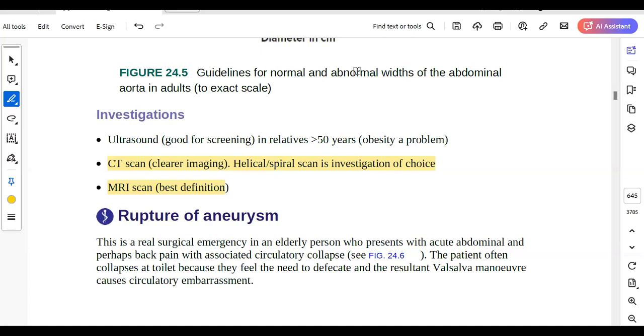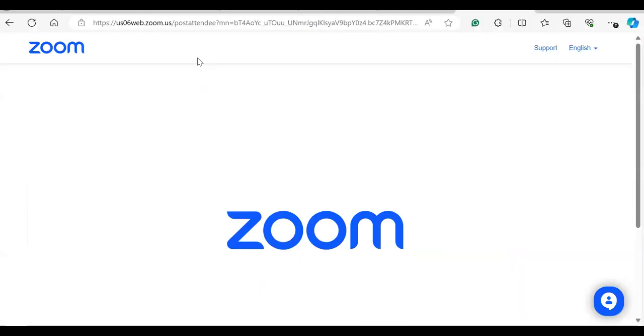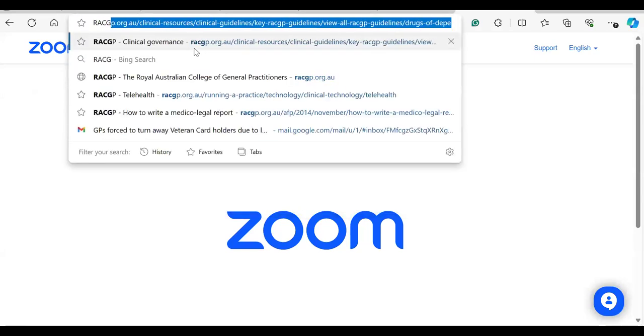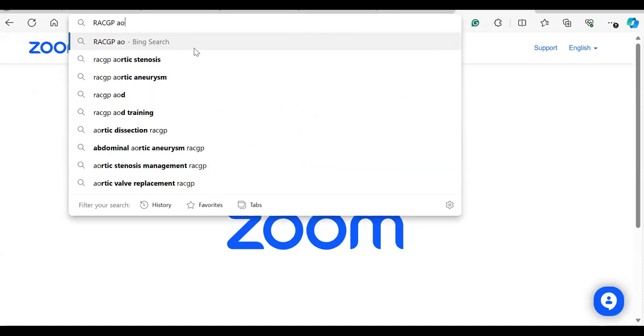Now, there is a guideline in RCGP about this aortic aneurysm. So I want you guys to go through that as well. There is a bit of confusion in RCGP about the referral and everything. Let's have a look.